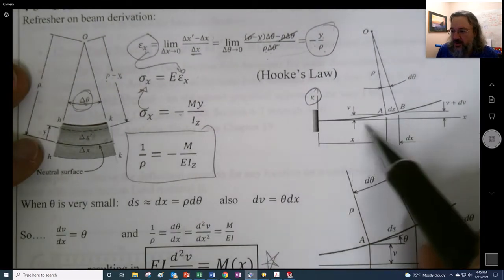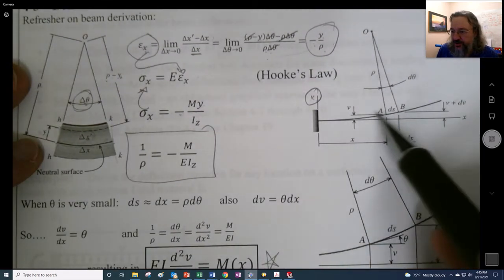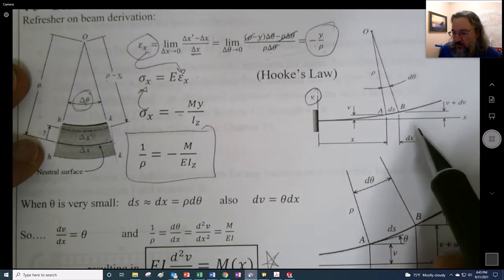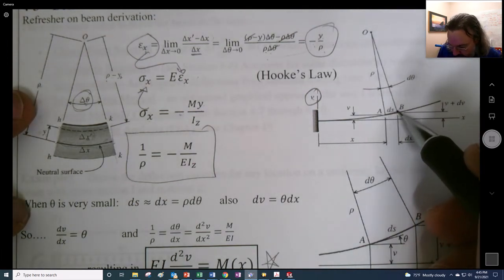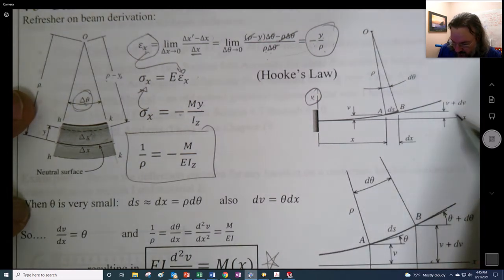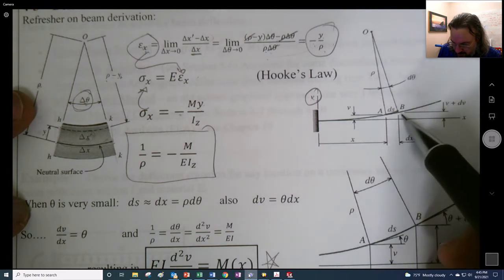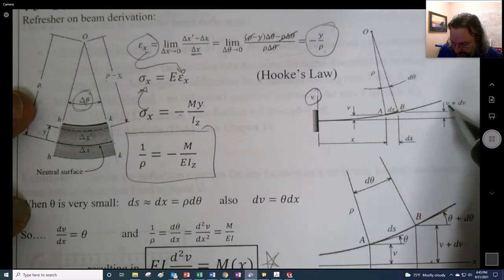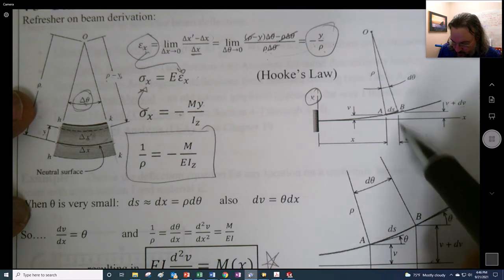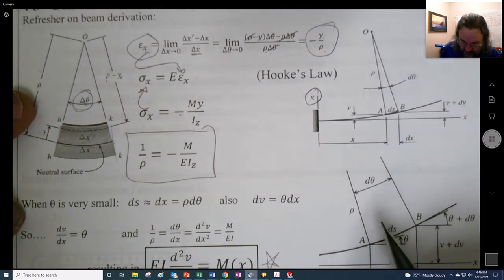So they're showing this little cantilevered scenario right here, and what we're really trying to say is, for a small little segment of this piece, we could figure out what the deflection is here compared to there, right? We have V plus dV, small increments, over a smaller spot.